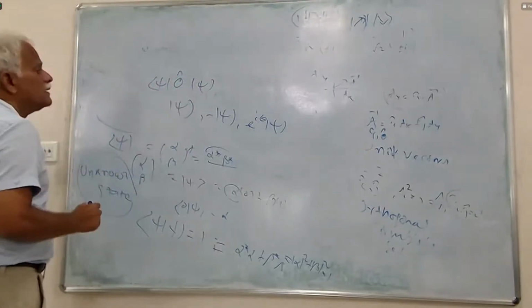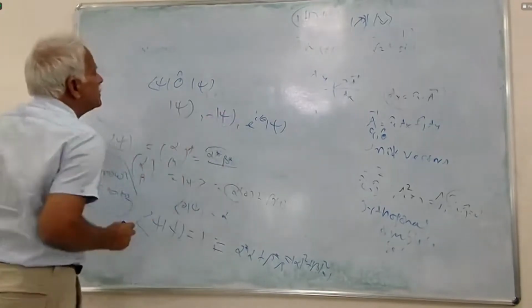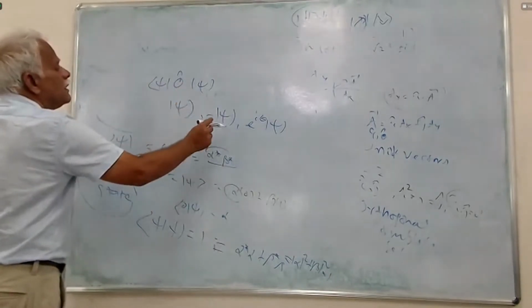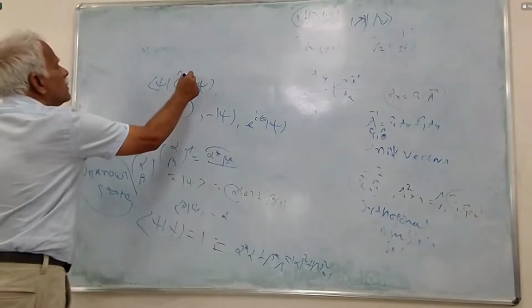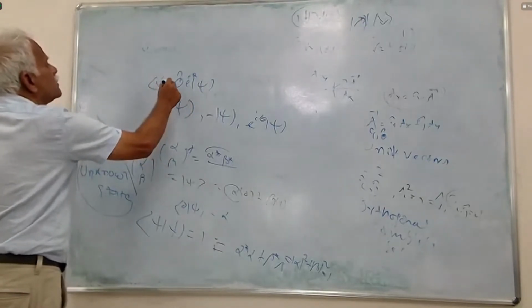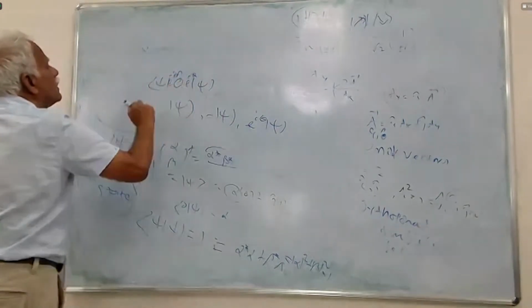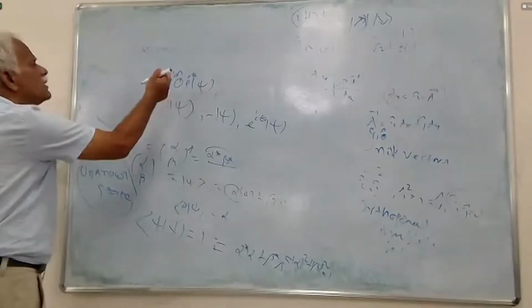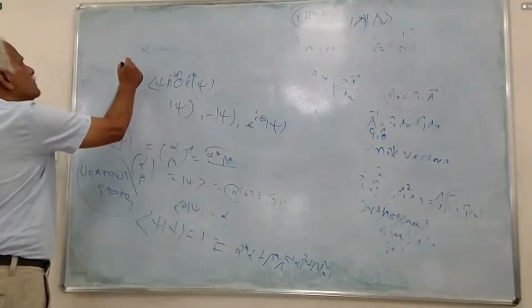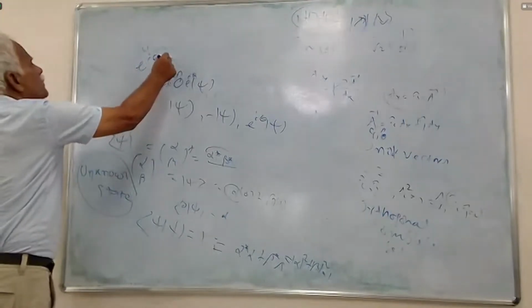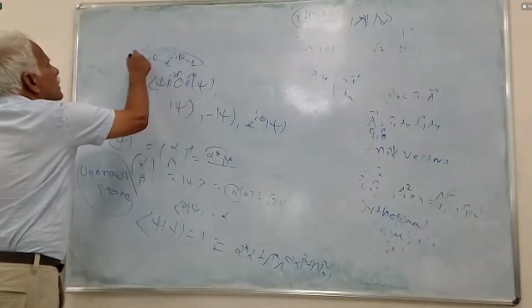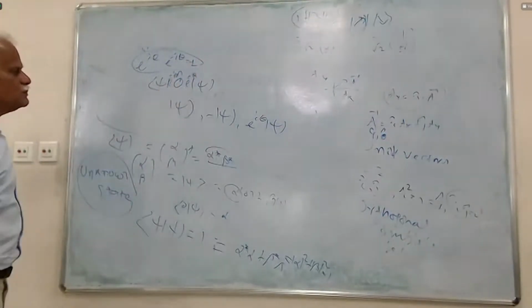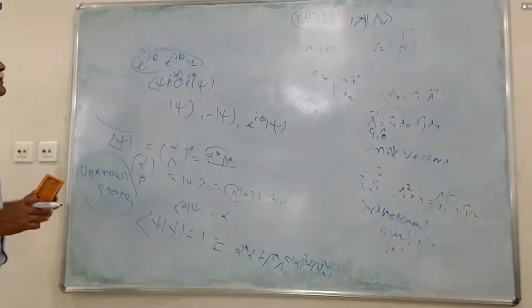You can easily check if there is a phase. In this case, this phase will not exist here, and this one would have an additional phase minus i. And theta is a number, so you cancel. Same thing here also. So the overall phase drops out.